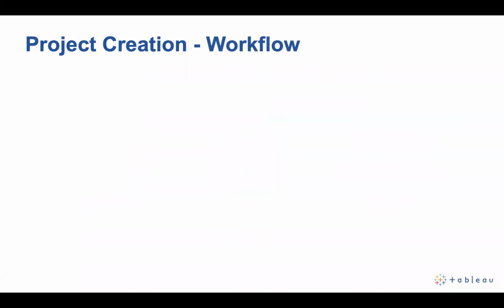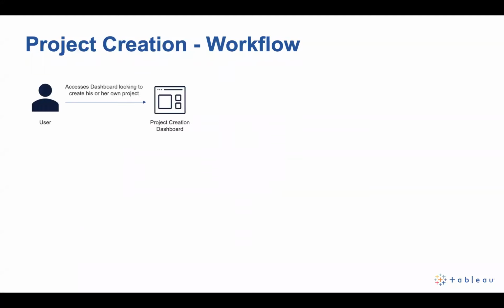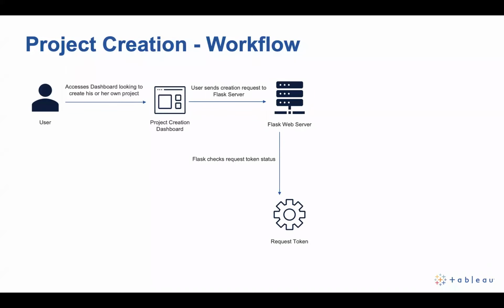So let's walk through a simple workflow on how this application works. I am a Tableau server user looking for a project. I go to our project creation dashboard and I fill in my parameters for the project name. I then send the creation request to our Flask server. Within that creation request is a request token, and Flask checks the request token status.